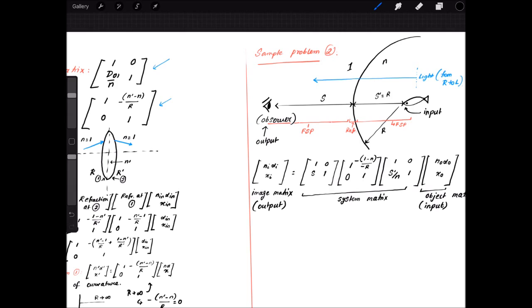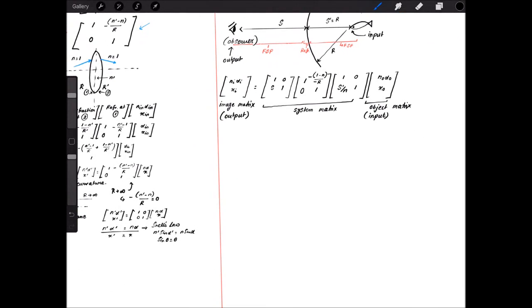So now we can put in a few things. Ni equals 1 because the image side is air. No equals n, that's inside the sphere. S prime equals r. So we have n, so n becomes 1.